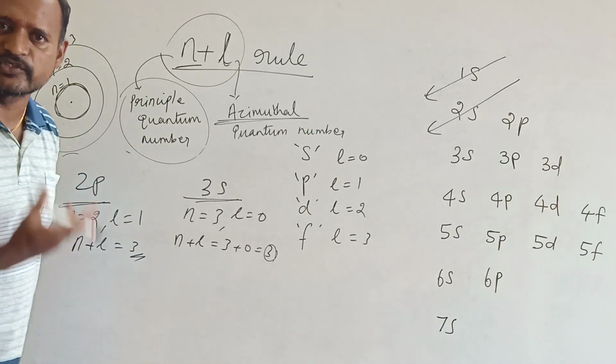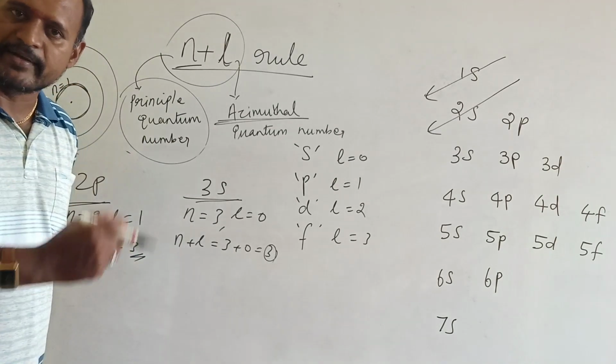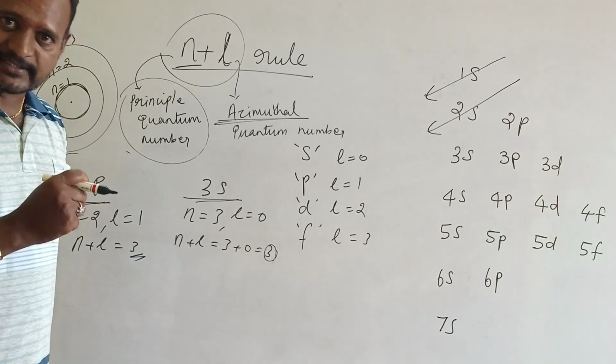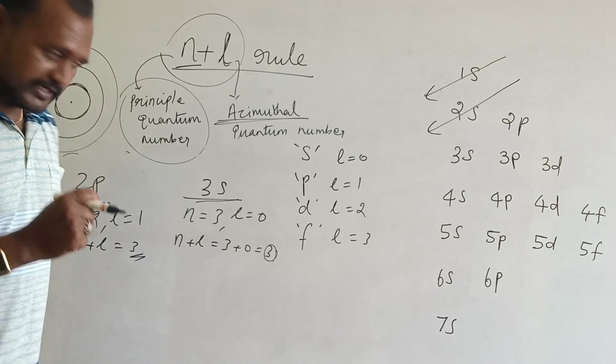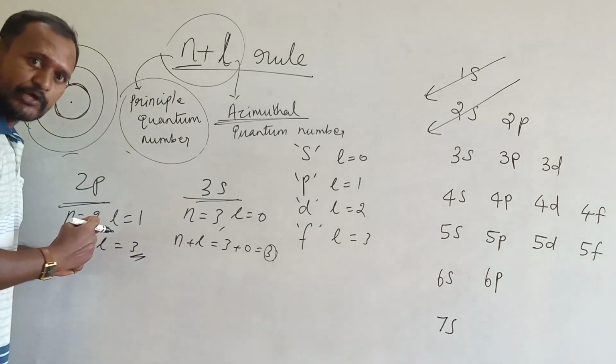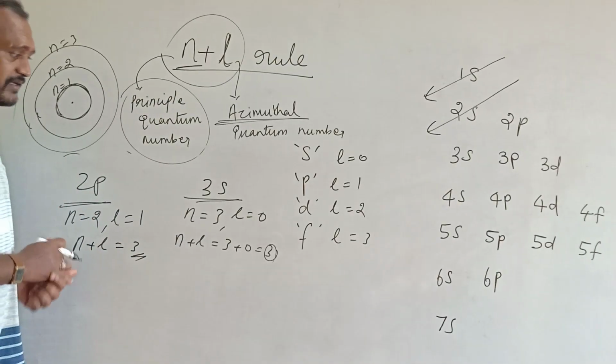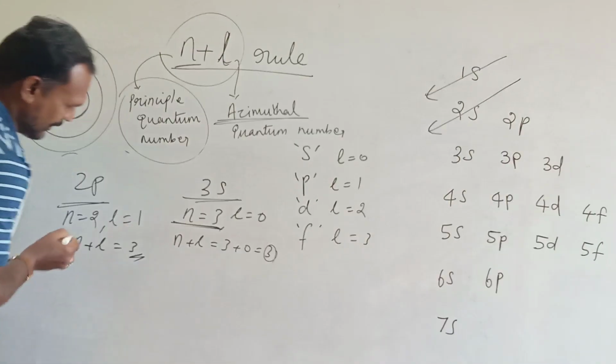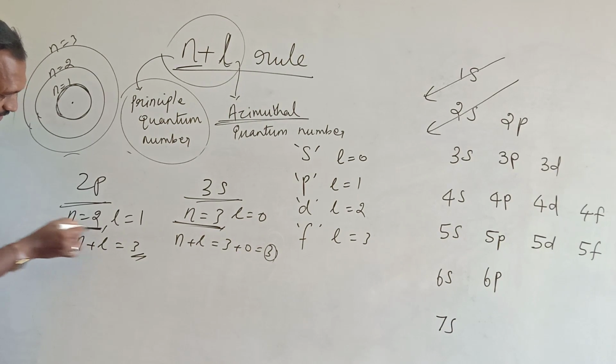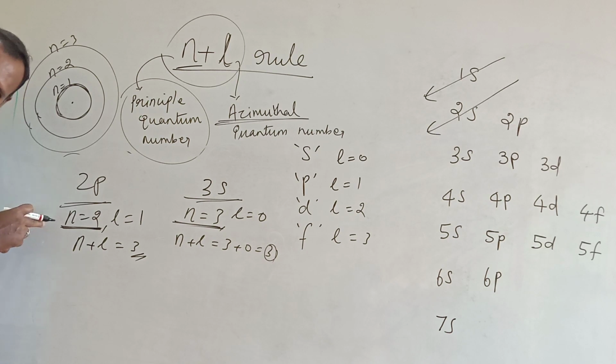Then how can we find which one is having less energy, which one is having higher energy? So for that, if two orbitals are having equal n plus l values, then we should find the n value. Whichever orbital is having the lesser n value, that is having lesser energy. Are you clear?